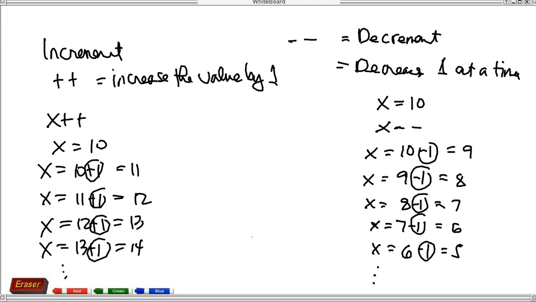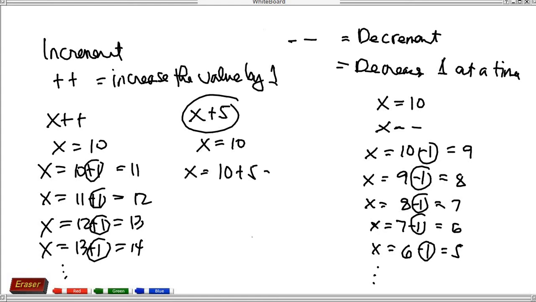Again, if you wanted to increase the value by any number you want, so you just type like this. X plus 5, that will increase the value by 5. So, say for example, if x equals to 10 and x equals to 10 plus 5, that is 15. So, x equals to 15 plus 5, and that is equals to 20.